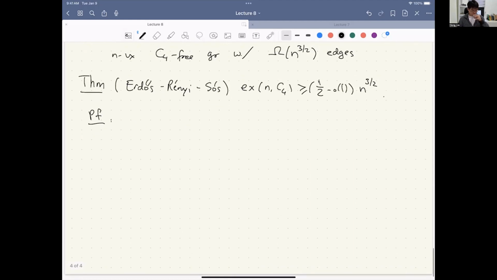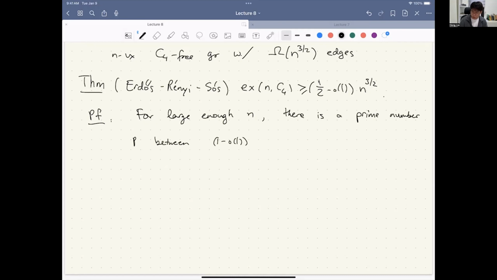So for large enough n, basic number theory says that we can always find a prime number p between 1 minus theta of 1 times square root n plus 1 and square root n plus 1.